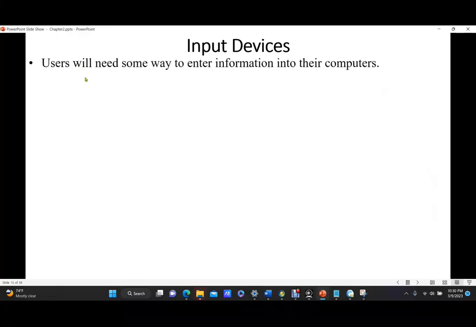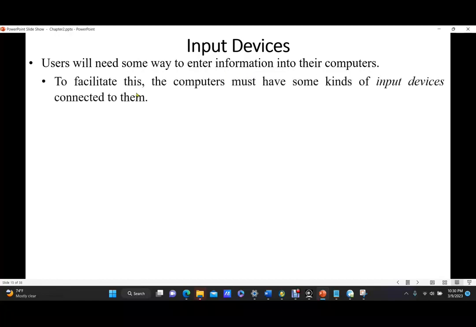Of course, users have to have some way to get information into their computers for the computers to work on. To facilitate this, the computers have to have some kinds of input devices for the users to input information.